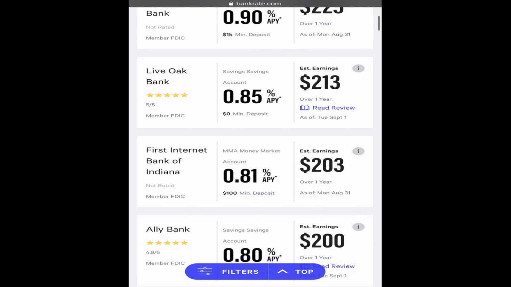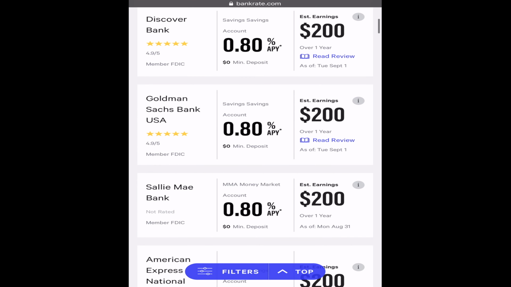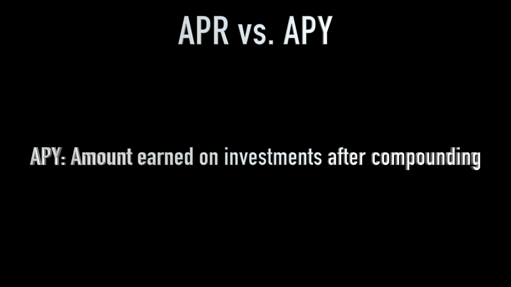The annual percentage yield is the real rate of return earned on savings, deposits, or investments, taking into account the effect of compounding interest. So basically the difference between APR and APY is the actual rate of return that will be earned in 1 year of interest that is compounded. So APY takes into account compounding.